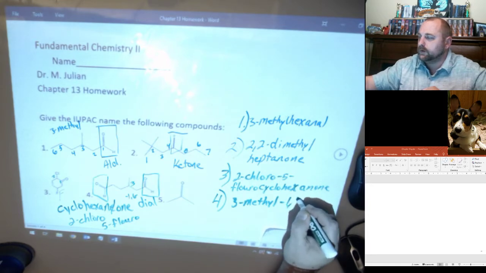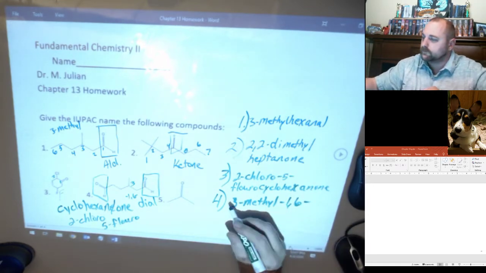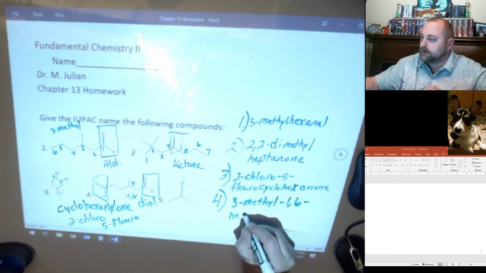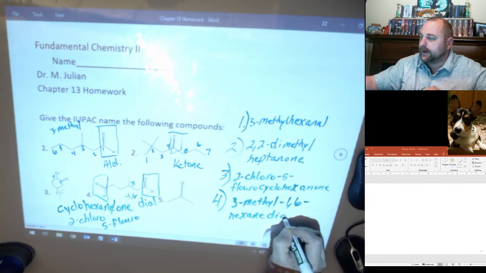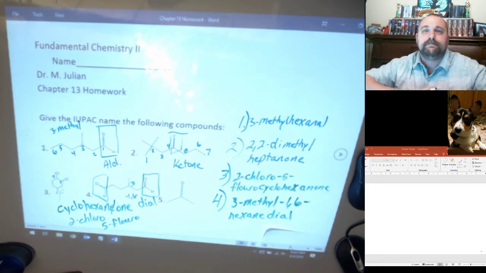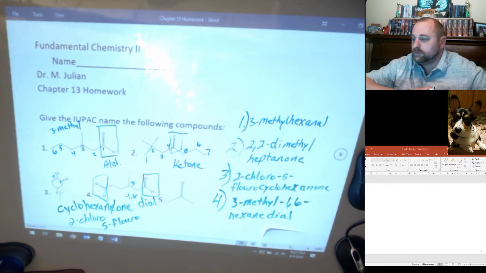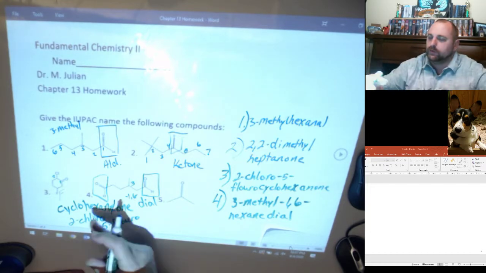I'll go ahead and put the 1, 6. Hexane dial, AL. All right, not terrible, but not pretty. Common names are a little bit tougher, but we wouldn't have done that one as common.